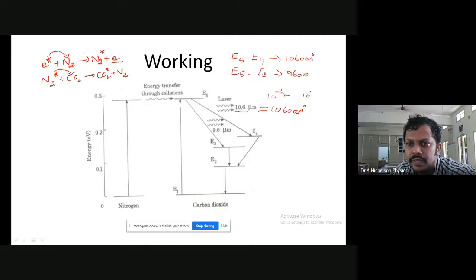If you want to convert to 10⁻¹⁰, move towards the right side by four places. So it is 1,06,000 here, and here it is 96,000, so one more zero, in angstrom. Okay. So you should know both the micrometer as well as the angstrom values.